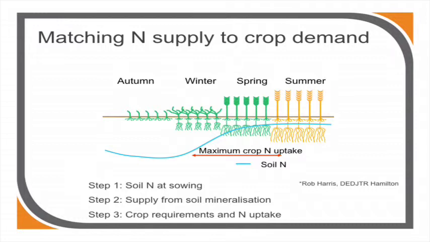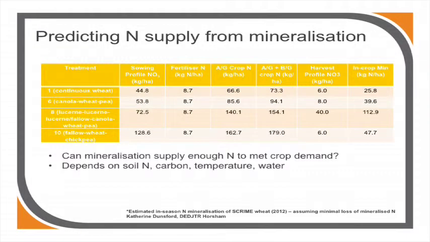And this is leading us into our new project with the North Central CMA, which we'll start to plug a little bit now. In terms of predicting nitrogen mineralisation, this is some work that a colleague of mine, Catherine Dunsford, has been doing as part of her PhD.